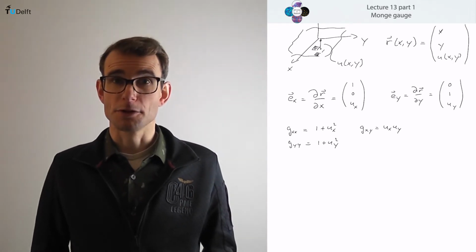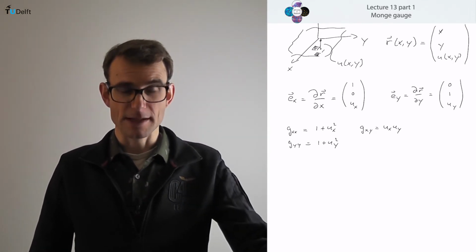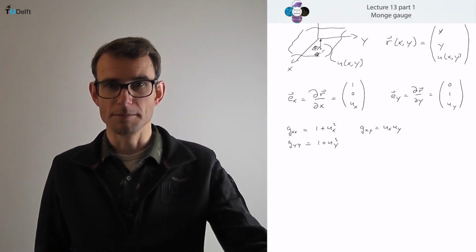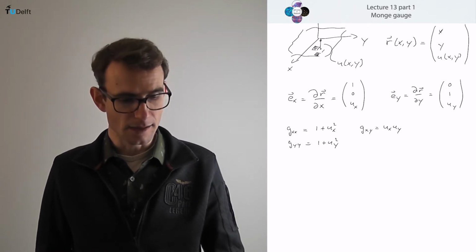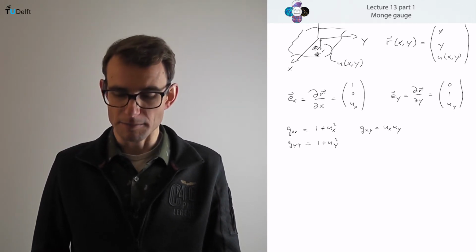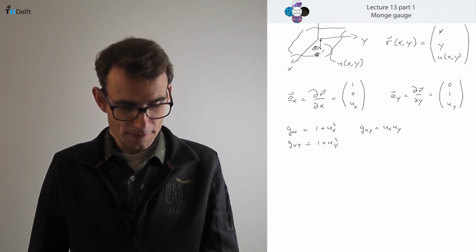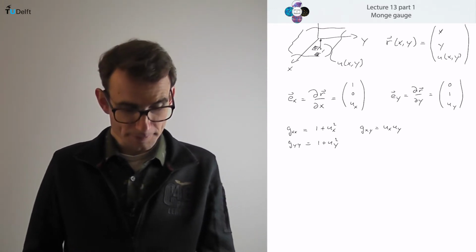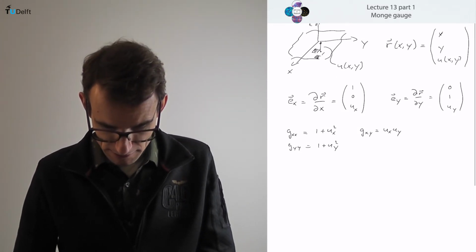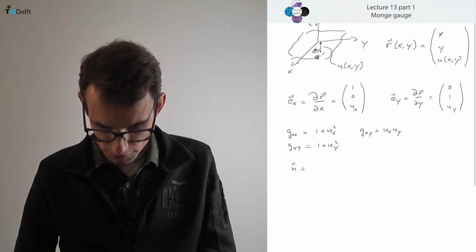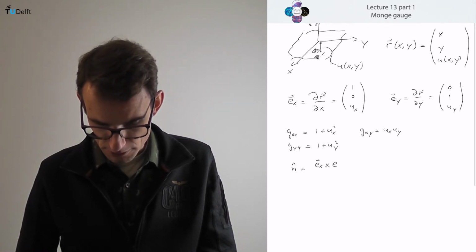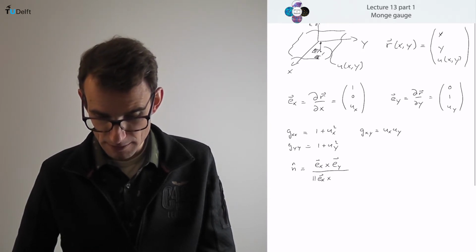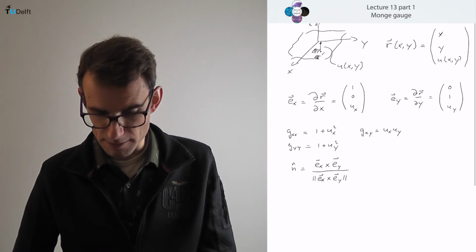From these, of course, we can also construct a normal vector, and we can calculate the determinant of the metric to get the area element. So what we get for the normal vector is the cross product of ex and ey, divided by the length of that thing, which is also the square root of the determinant of the metric.